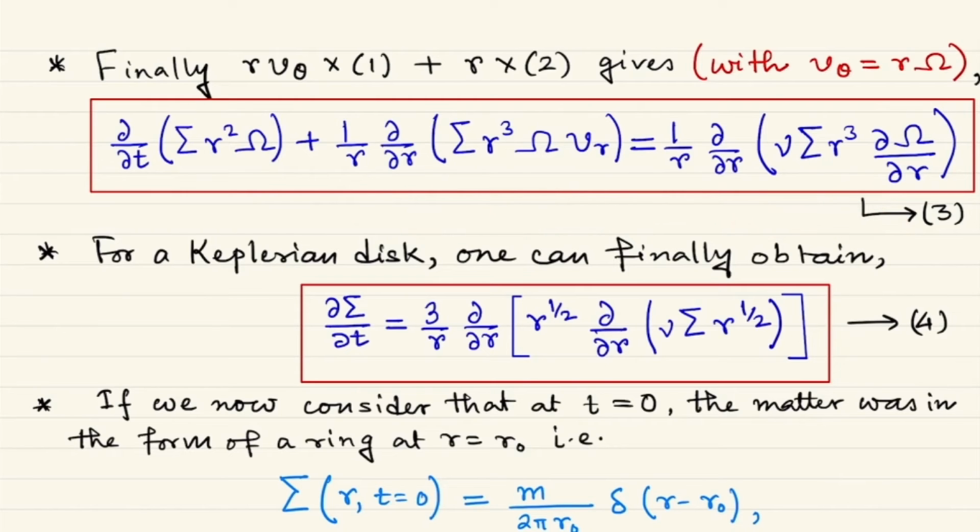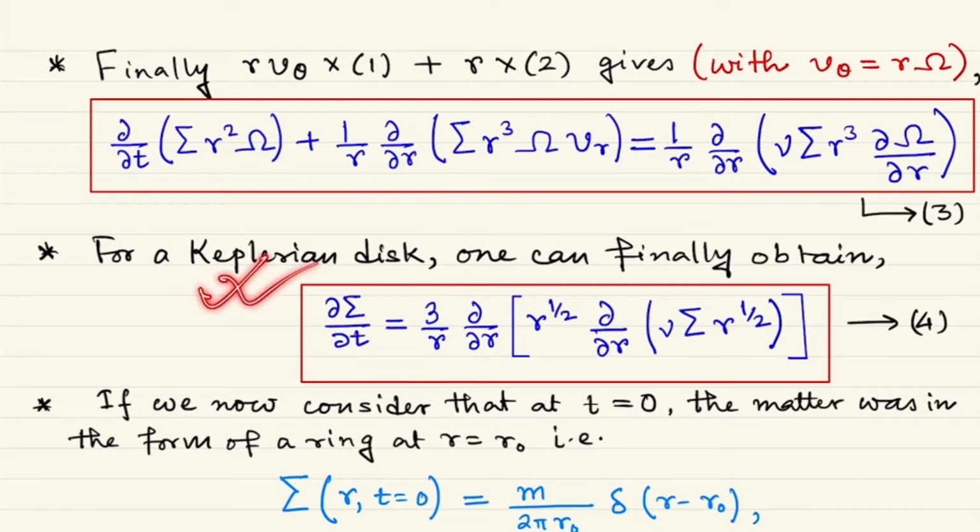Now if you do that, you will see that this del omega del r can also be written as d omega dr, and you also know how it should look because of the dependence.